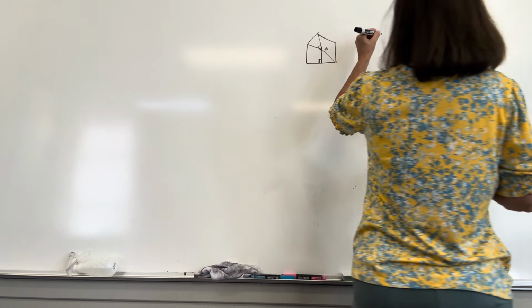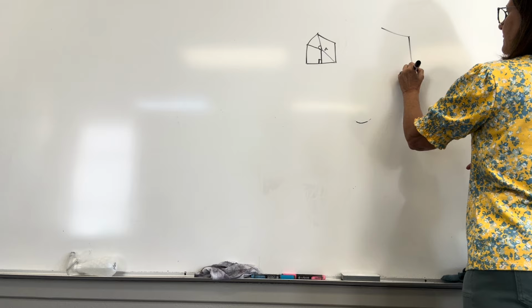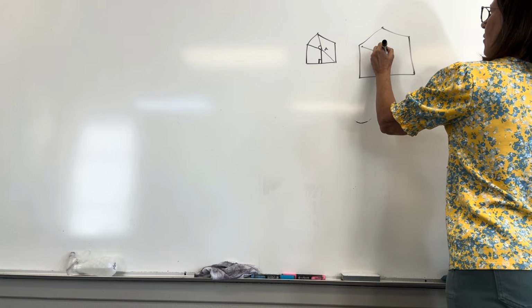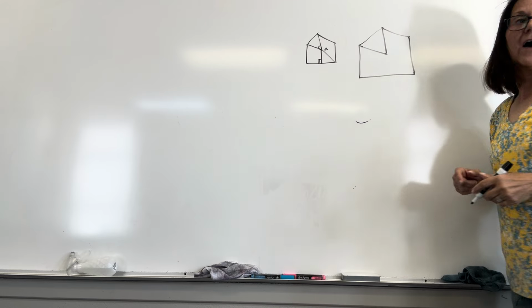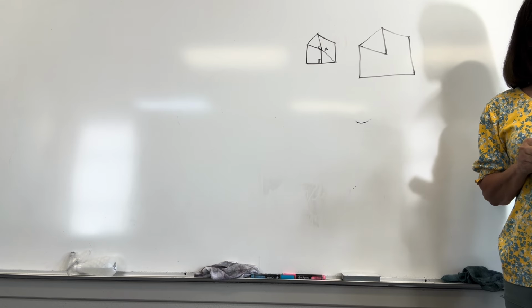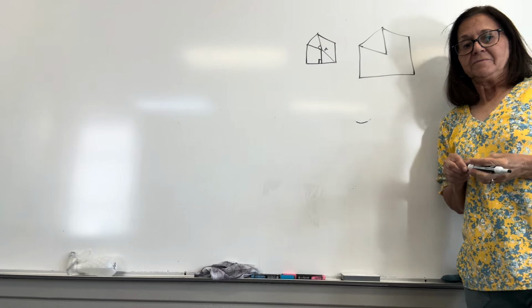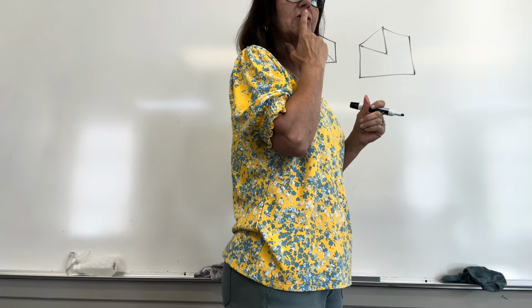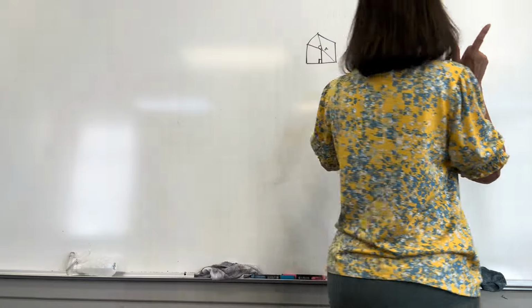I'm going to draw it a little bigger. What is 360 divided by 5? 72.